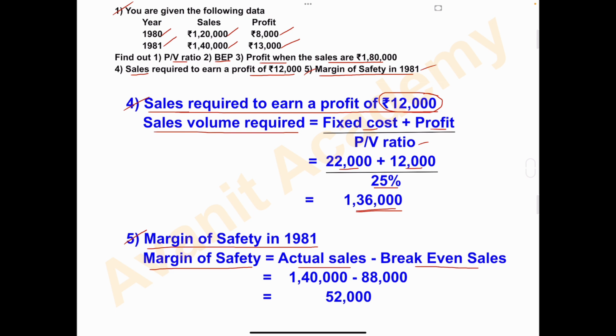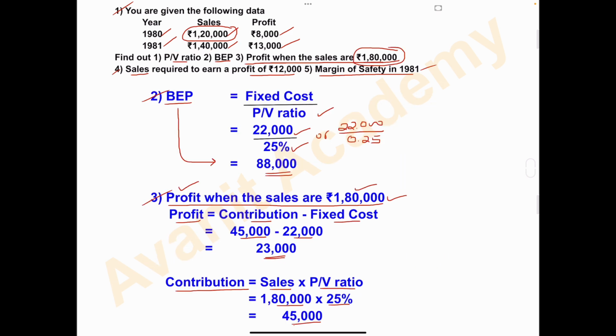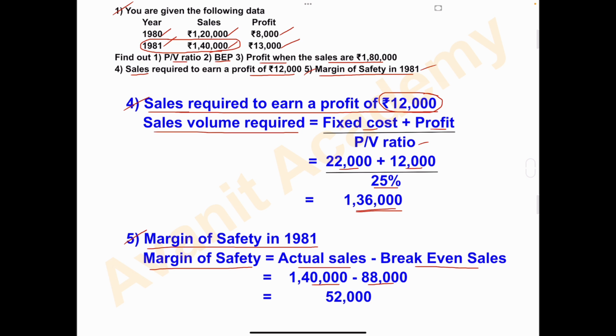Actual sales in 1981 is 1,40,000. Break-even sales is 88,000. From 1,40,000 minus 88,000, you will get 52,000. This is the margin of safety. Margin of safety in 1981 is 52,000.